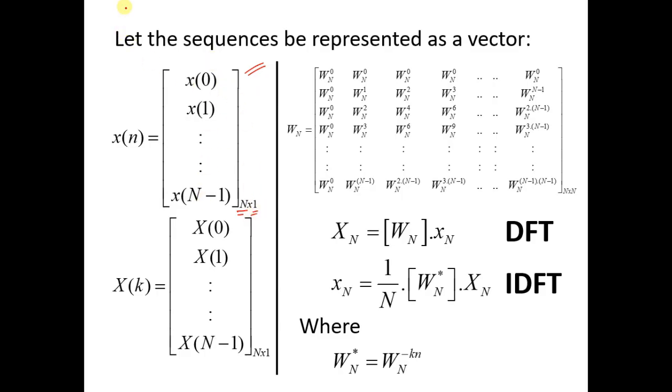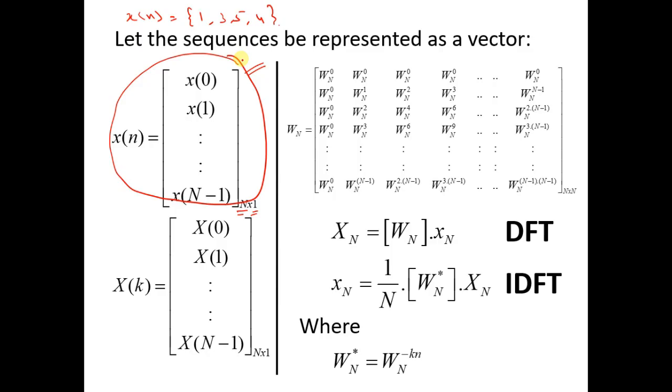Usually you will be given x of n in this format, say 1, 3, 5, 4 and so on, it depends. So it will be in the row-wise format. However, during the calculation you have to put the signal in the column-wise format.